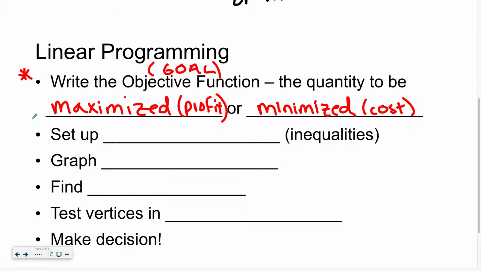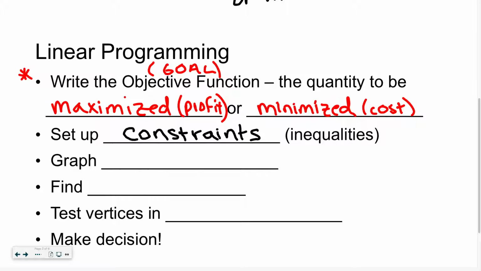All right, next up, you're going to set up, I mentioned this yesterday, they're called constraints. They are those inequalities that we worked with Logan on or that I read to Jillian from the homework. Those are the things that limit you in the real world.